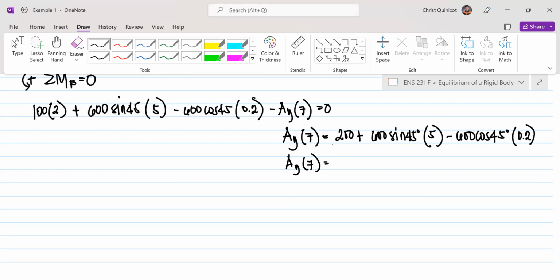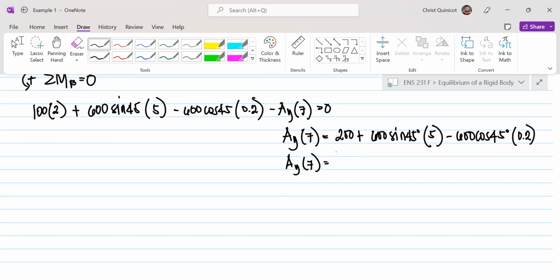Okay, if we solve this, A sub Y times 7 is equal to 600 sine 45, which is 424, times 5, that's 2,121, minus, in parentheses, 600 cosine 45 times 0.2. That is 2,036 plus 20, no, not plus 20, minus 20 plus 200.